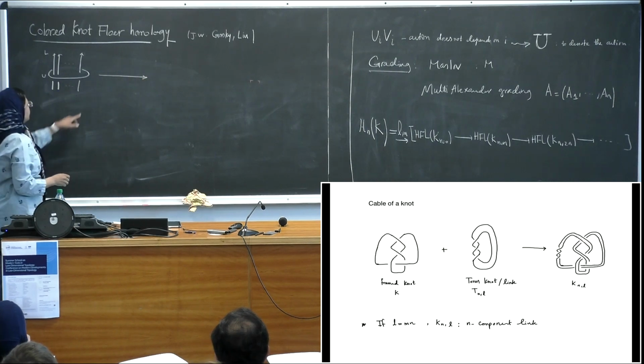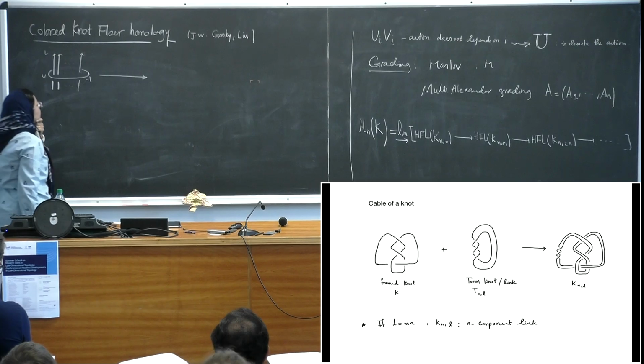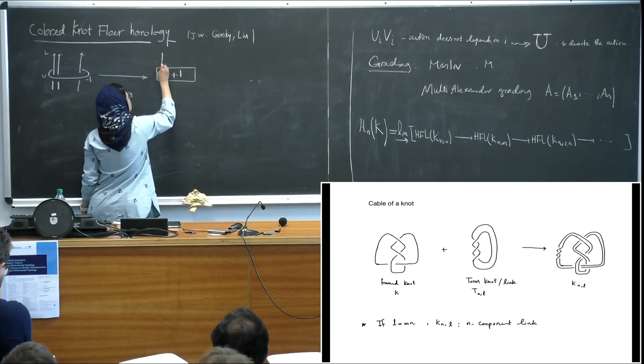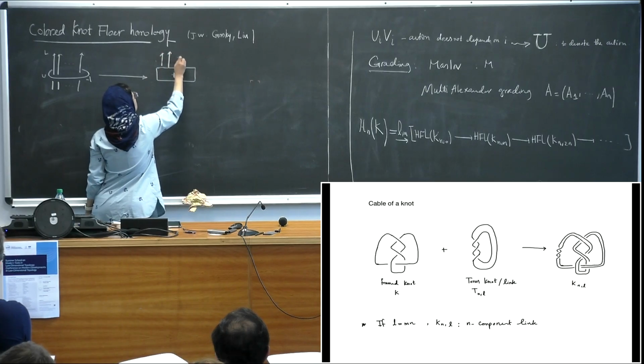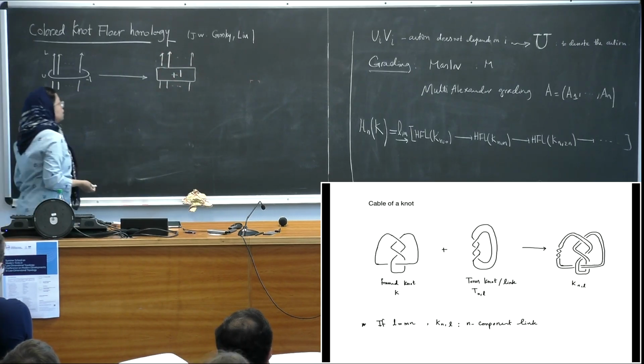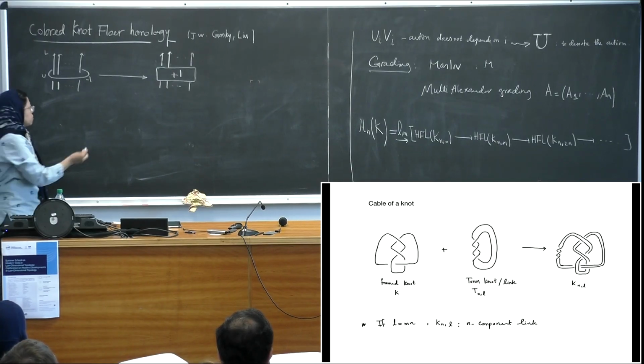Then I can attach a two-handle with -1 framing, or do a -1 twist there. That will insert a positive twist into the link. We're going to call this cobordism with just a single two-handle a full twist cobordism.